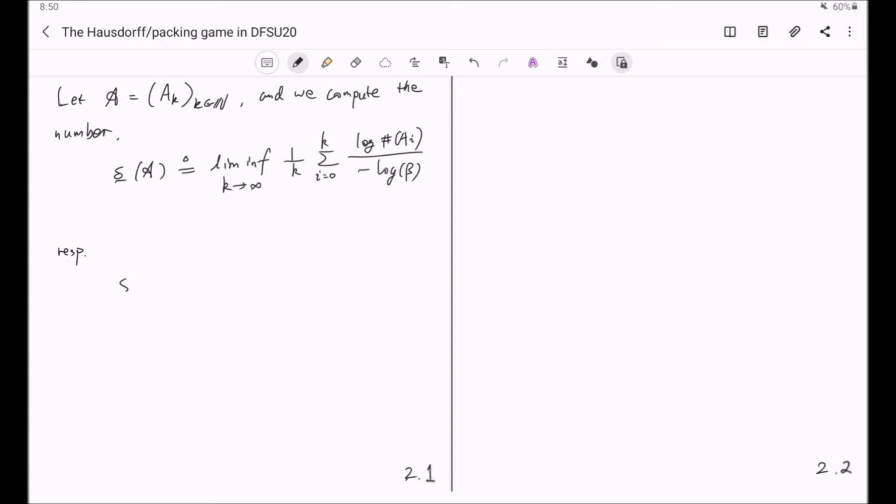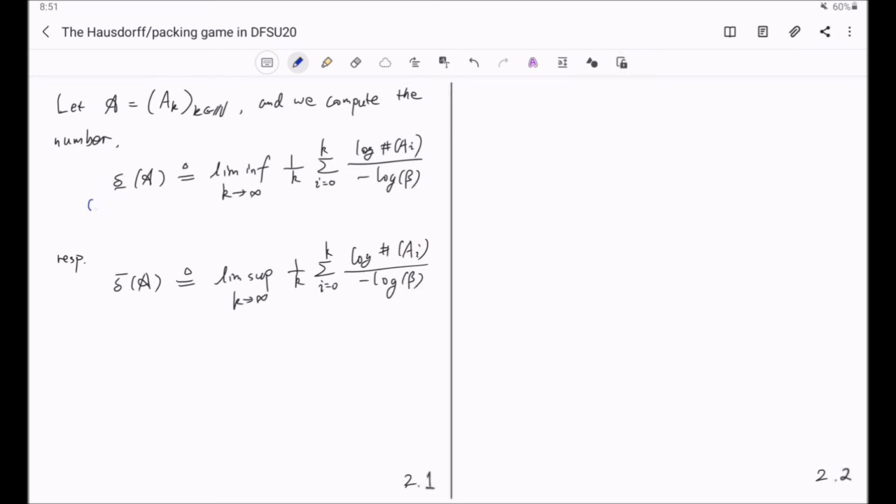Respectively, we have the upper delta of script A, which is defined to be the lim sup as k goes to infinity of 1 over k times the summation as i goes from 0 to k of the same ratio.